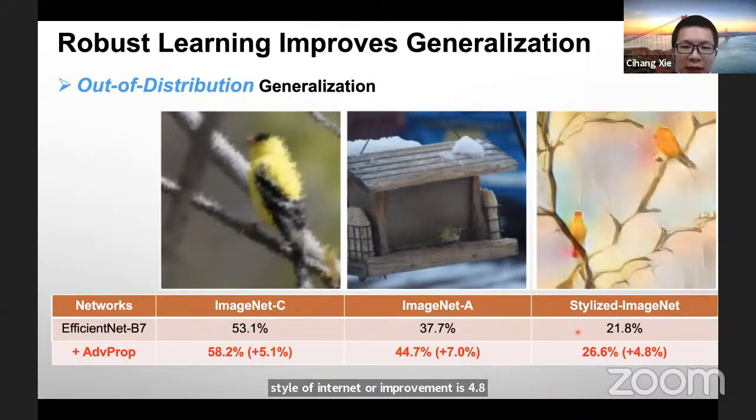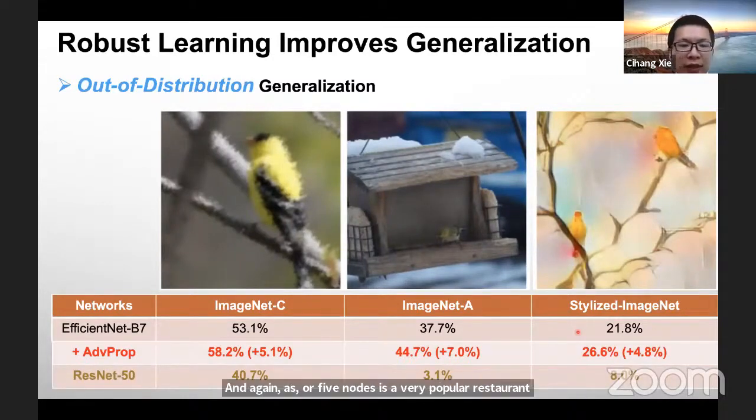And again, as a side note, the very popular ResNet-50 baseline here only got 40.7 on ImageNet-C, 3.1 on ImageNet-A, and 8 point something on Stylized ImageNet. So if you just look at the absolute value here, you can see this is a huge improvement over the existing methods.